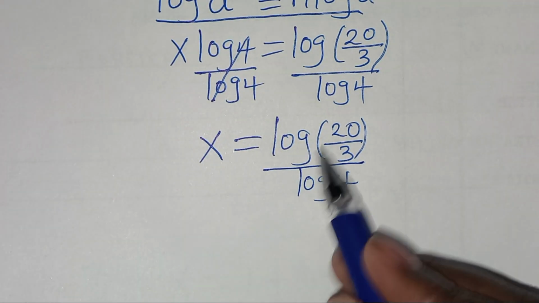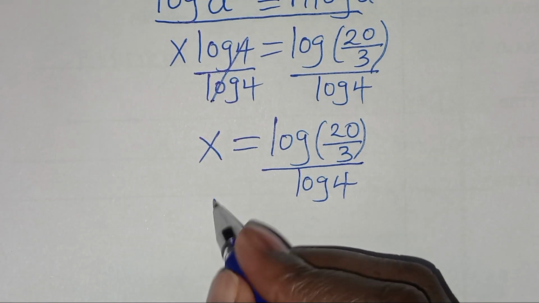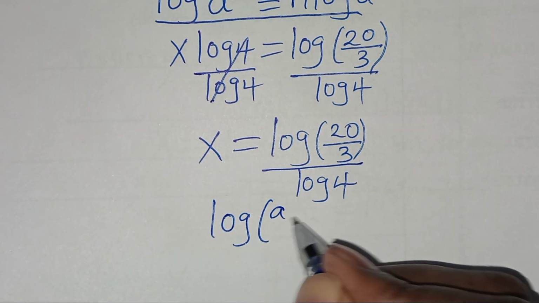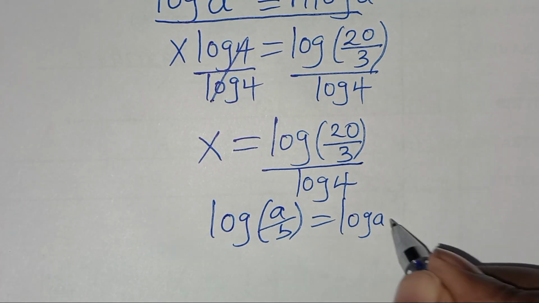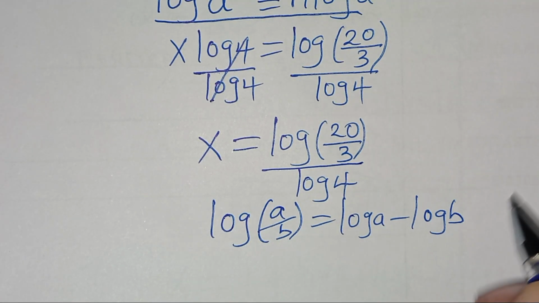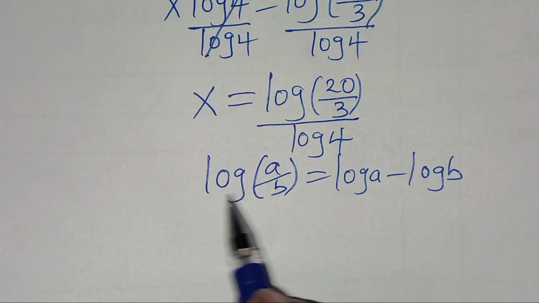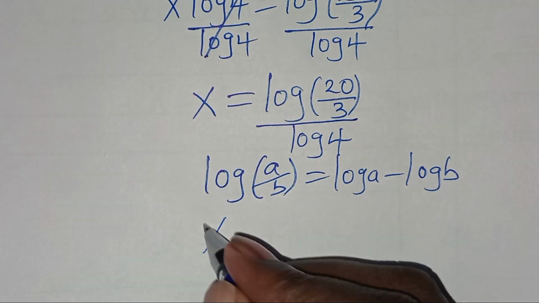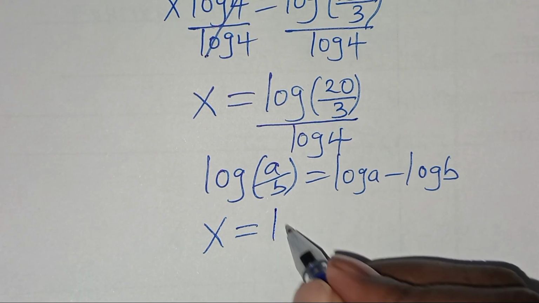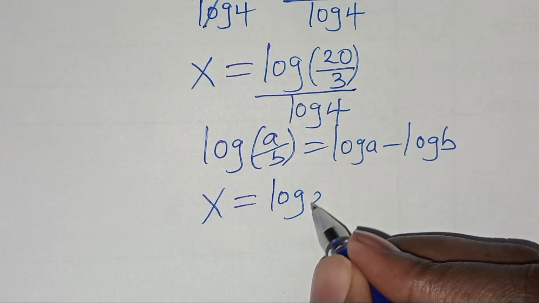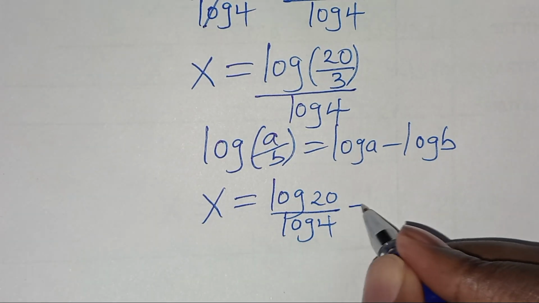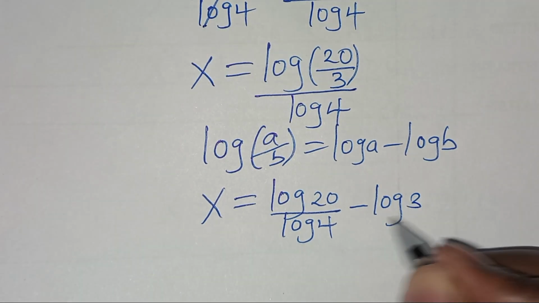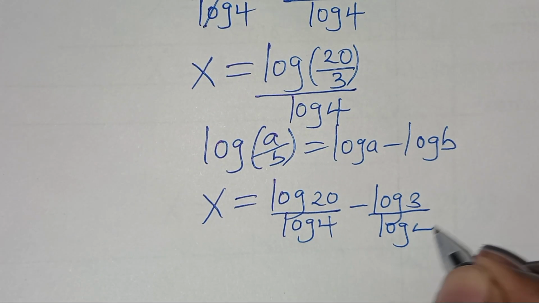And you find that log 20 over 3 is in the form of log a over b, which we can express as log a subtract log b. Now applying this logarithm property, we can have x equal to log 20 over log 4, then subtract log 3 over log 4.